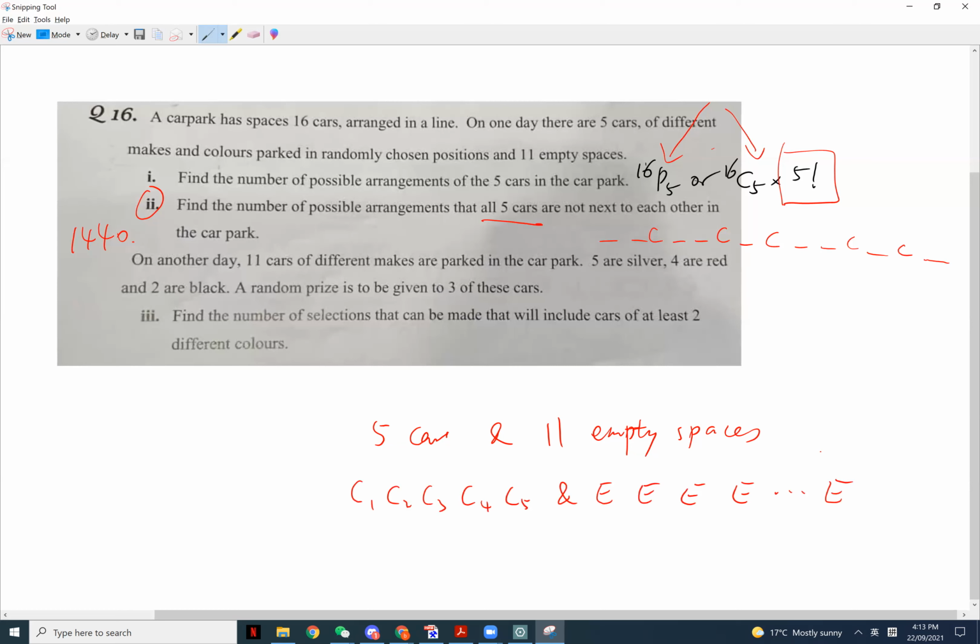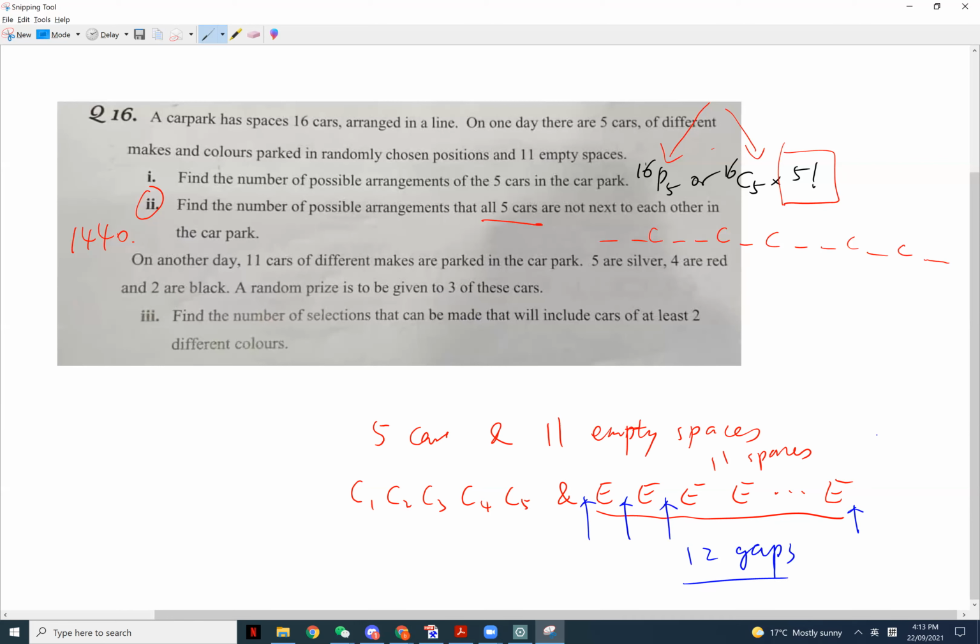So how do you arrange them without cars next to each other? We arrange those empty spaces first. You don't need to arrange them, they're all the same. Now, these 11 spaces give you 12 gaps.